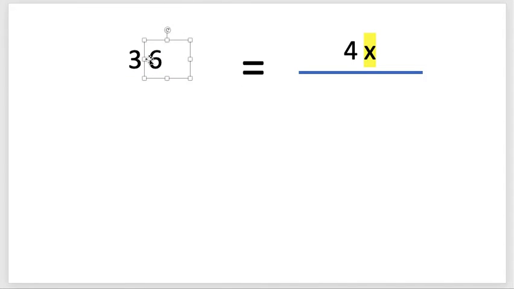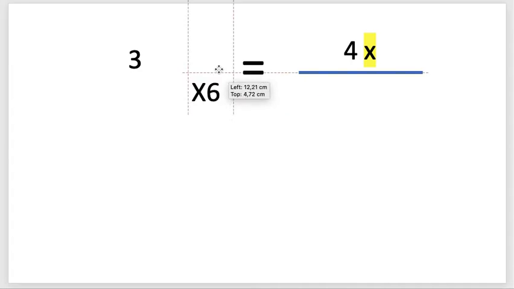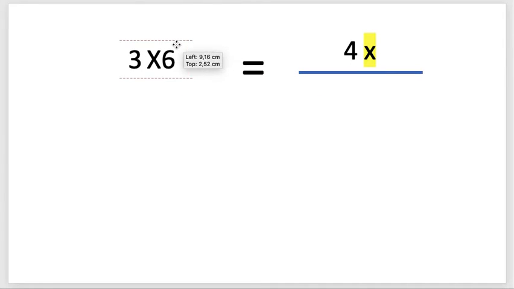This is wrong. When the 6 is moved up, this becomes a times by 6. So make sure you are aware that if you times both sides by 6, which effectively moves the 6 from the denominator to the numerator of the other side, it becomes times by 6.